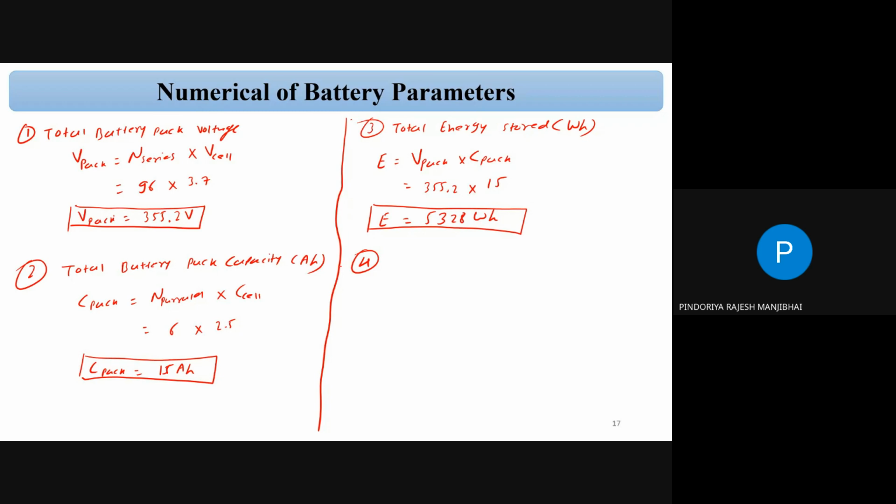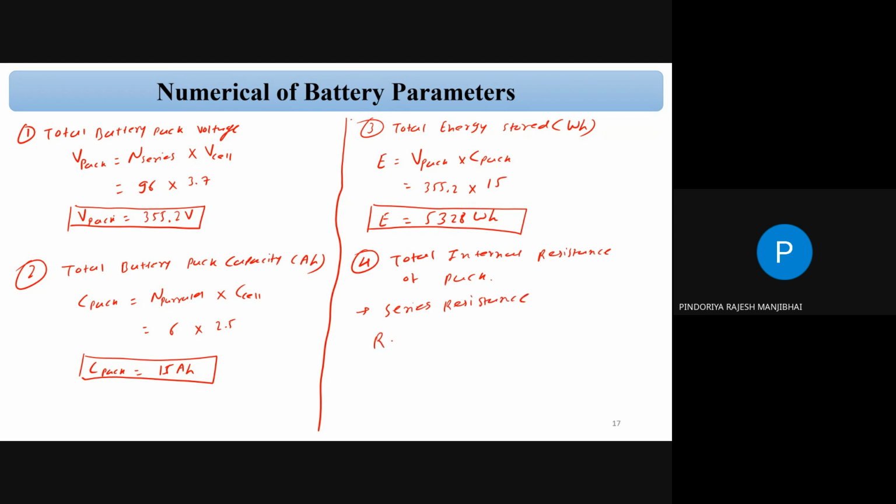The fourth one is the total internal resistor of the pack. Pack, that is the battery pack. For the series and parallel combination, we first find the series resistor.